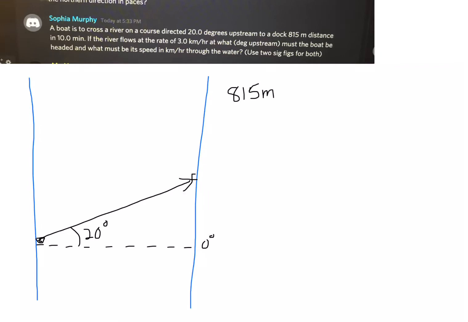It's 815 meters in 10 minutes, and we want to convert this to kilometers per hour. That's distance over time, but it's in meters per minute, so that isn't the correct velocity. 1,000 meters is 1 kilometer, so we cross those off.